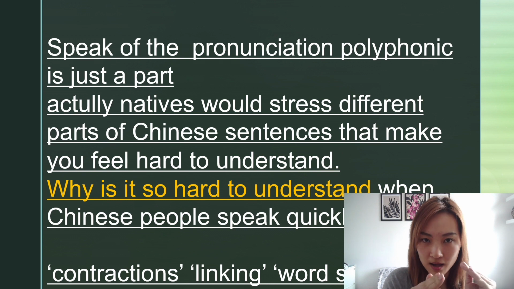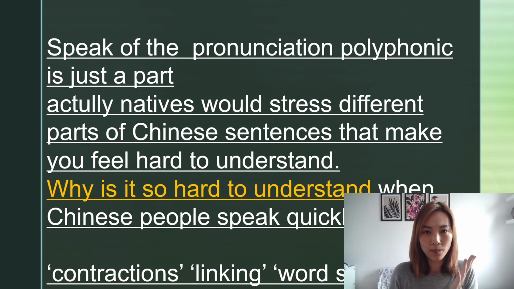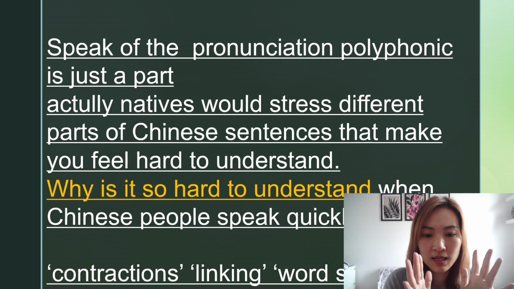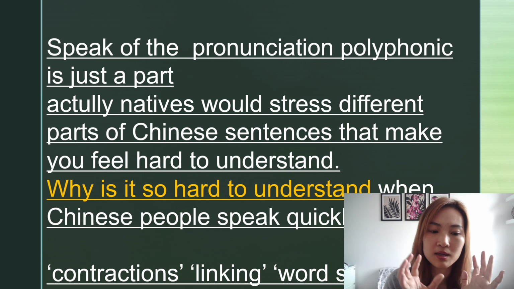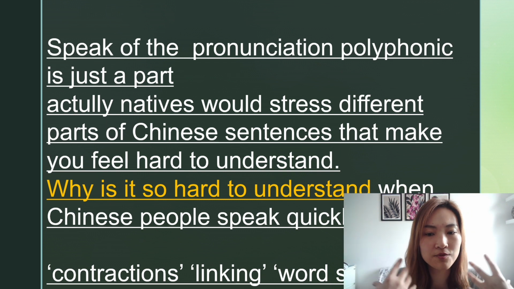Okay, because we would stress different parts of the sentence, depending on what meaning you are going to deliver or what emotion you are going to express. And also with the contractions, linking word stress that make you feel, oh, that's so hard to understand.